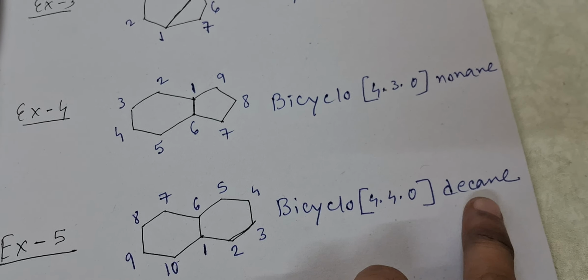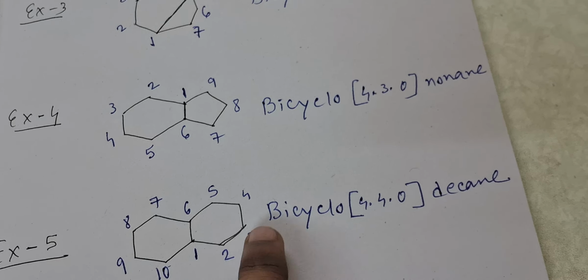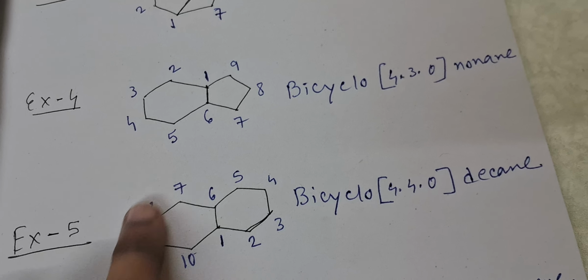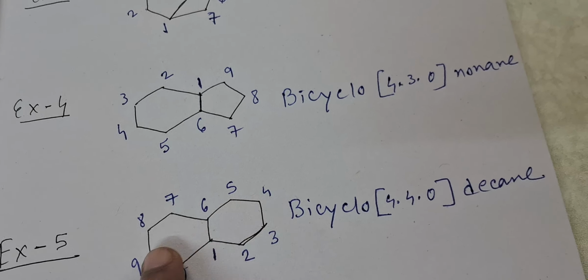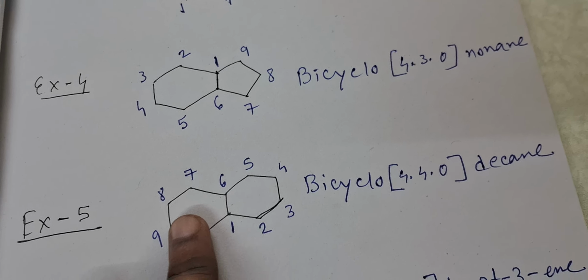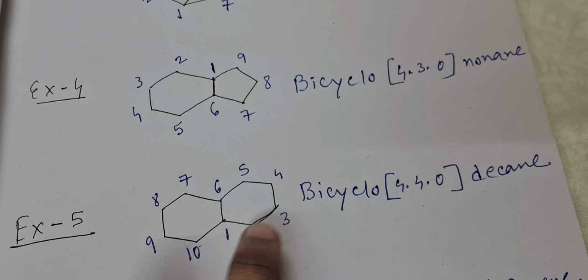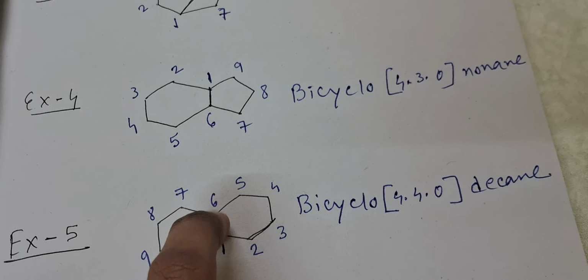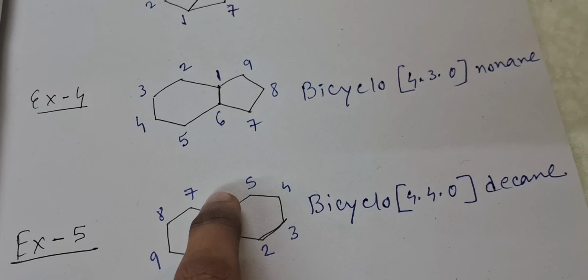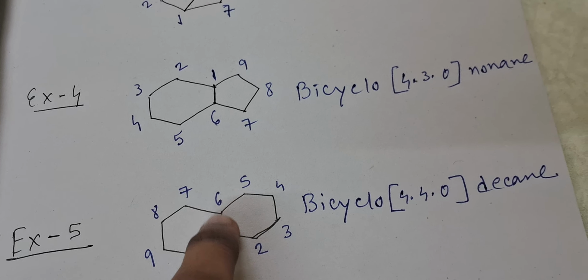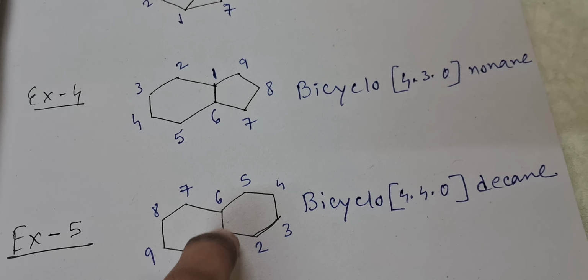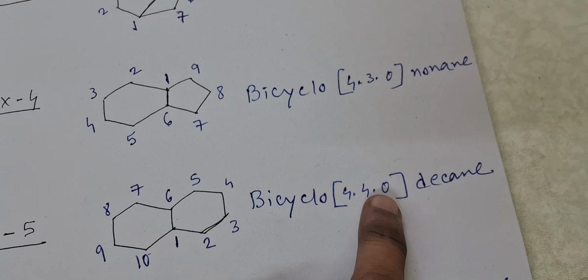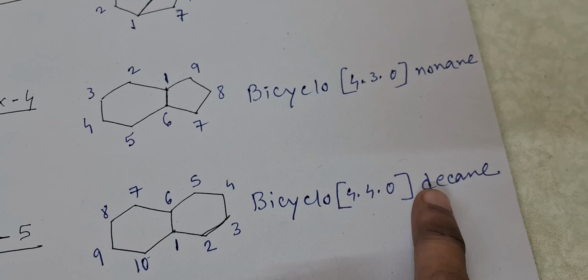Bicyclo 4 4 0 decane: 4 carbon atoms are present between 1 and 6th, and again 4 carbon atoms are present between 1 and 6th on both left and right side. Hence 4 4, and 0 because 1 and 6 are directly connected with each other with the help of a single bond. There are no carbon atoms present between 1 and 6th position, hence I have written 0. Total number of carbon is 10, thus decane.